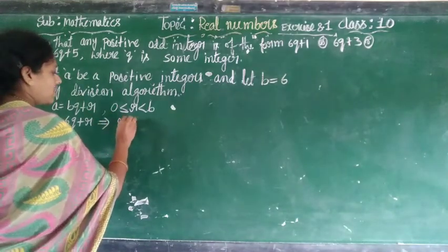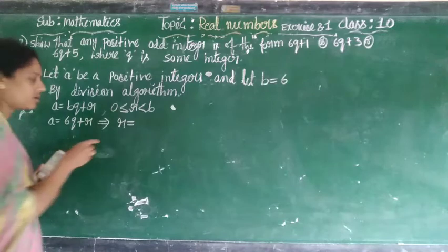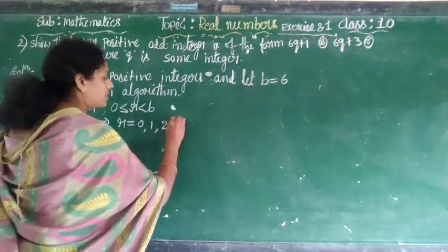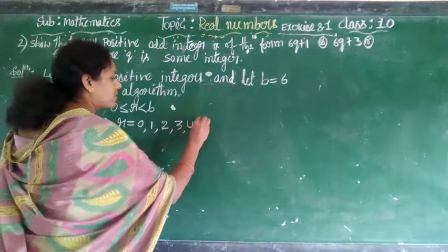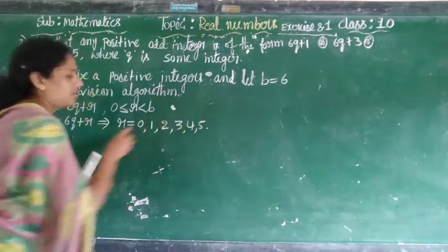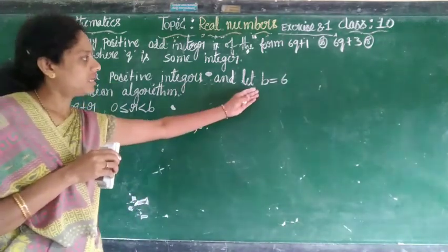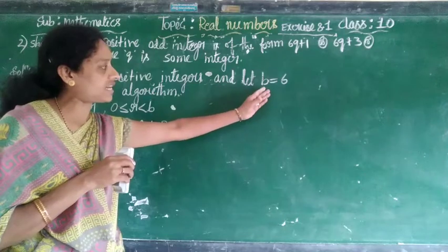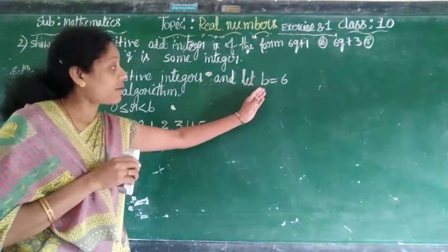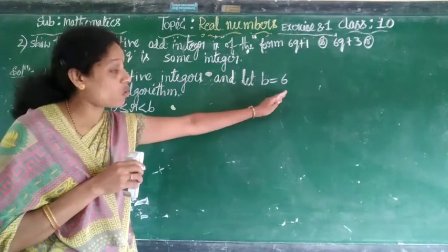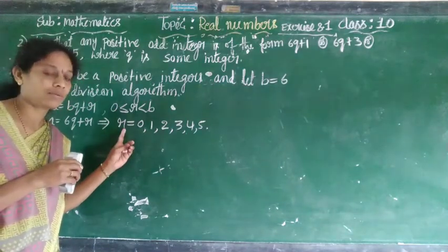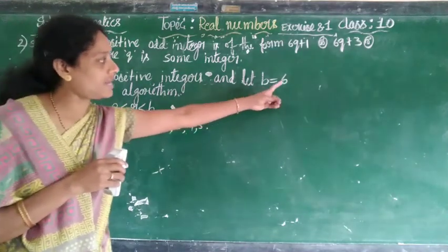So the remainders are 0, 1, 2, 3, 4, 5, because the remainder r will be smaller than b.